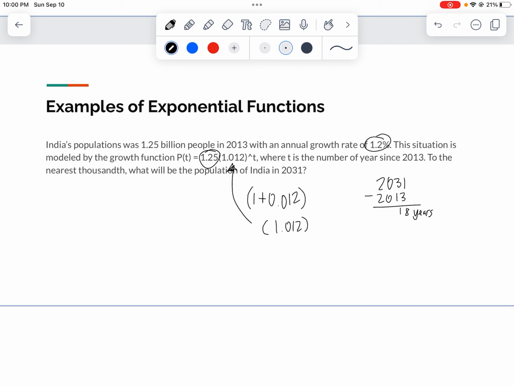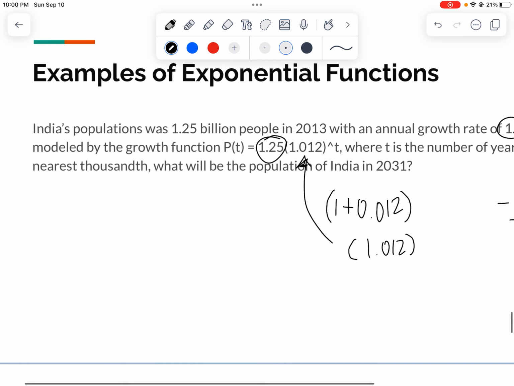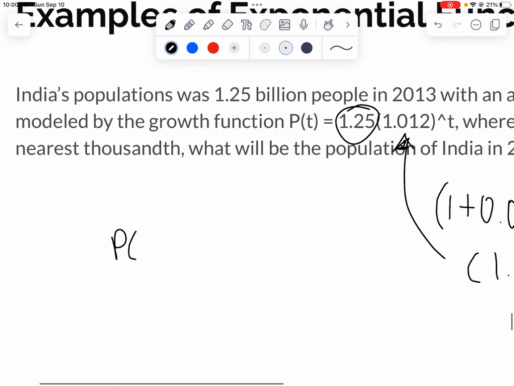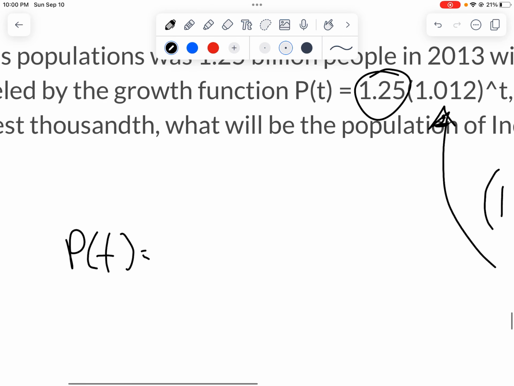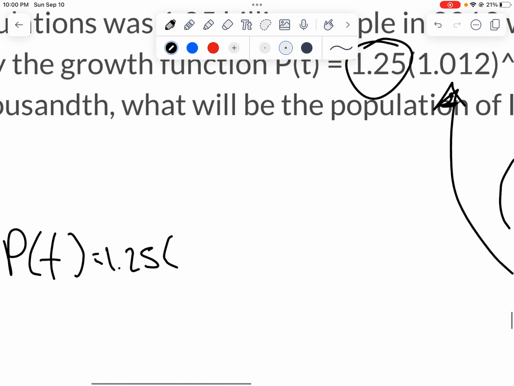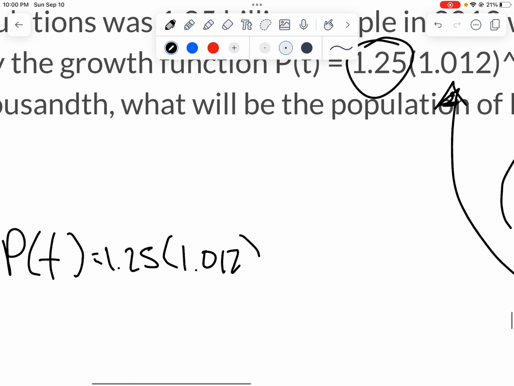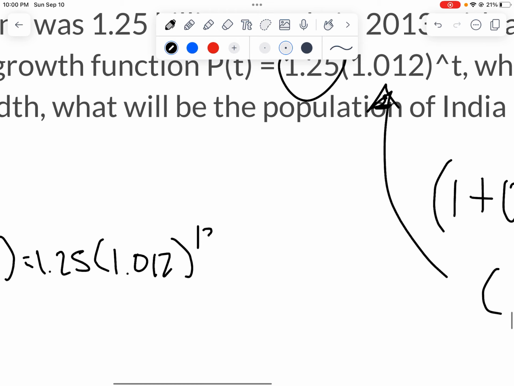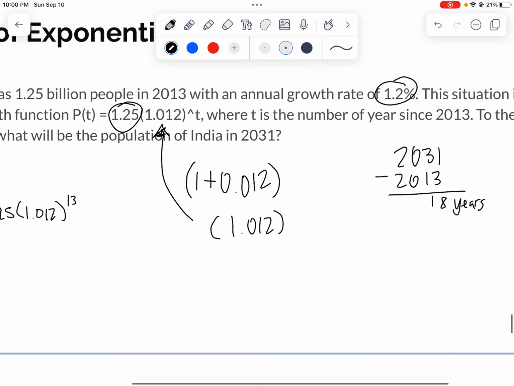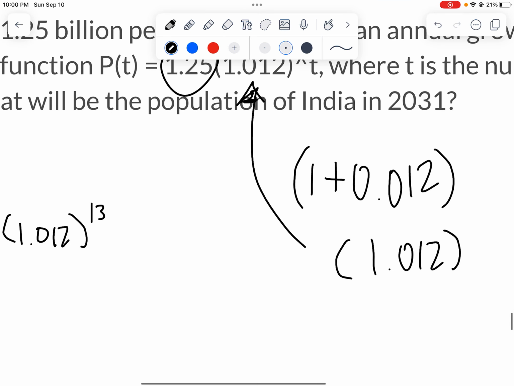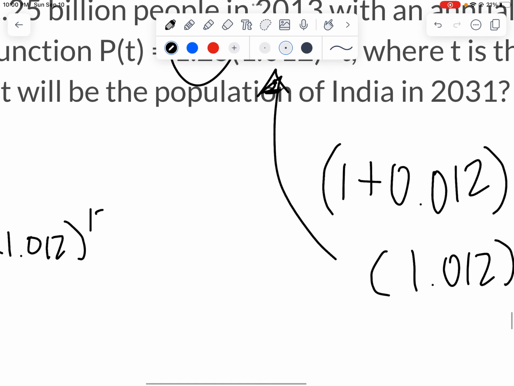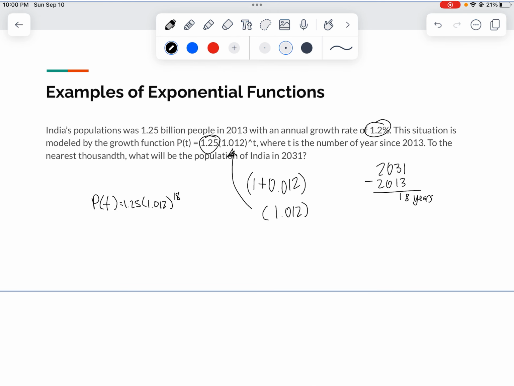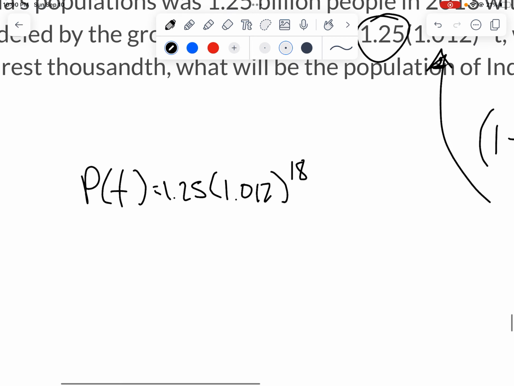So all we have to do is plug 18 into our exponential function. 1.25 times 1.012 to the power of t, where t is 18, because in 2031 it'll be 18 years since 2013. All we do is plug it in here.